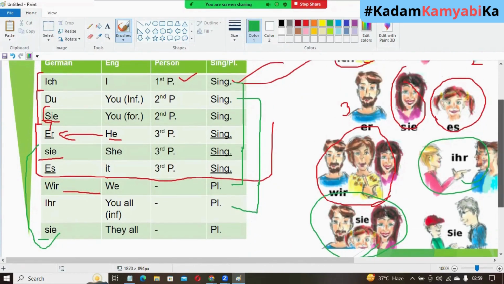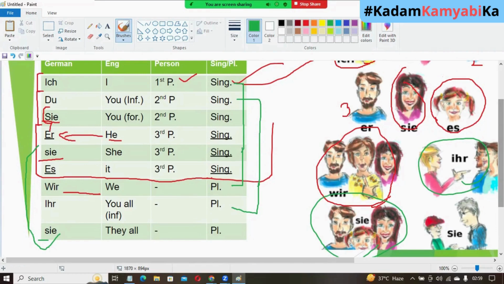Now, you must be thinking there are a lot of sie's, how to differentiate between them. It's very easy to differentiate between them. In the coming slide, it will be made clear to you. Right now, just keep this table in mind and always remember that for you formal, you have to write the capital S, else your sentence will go wrong.